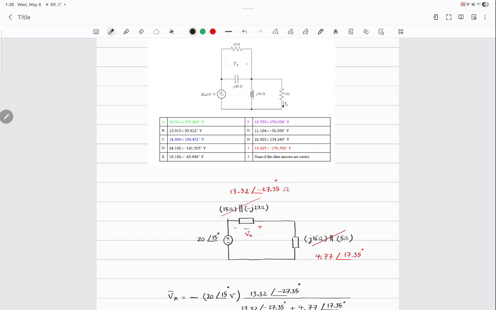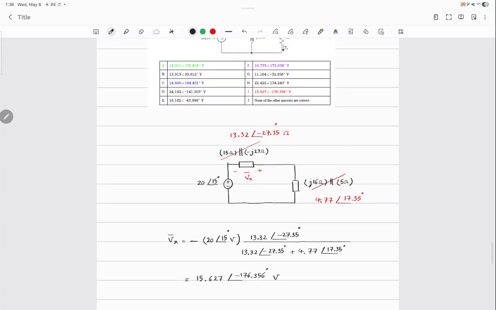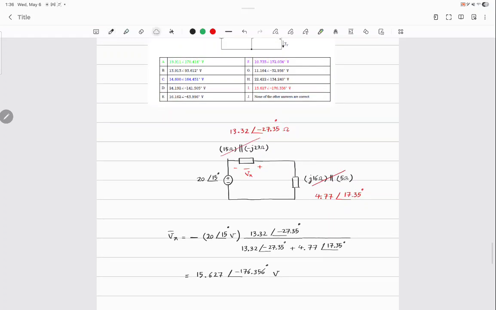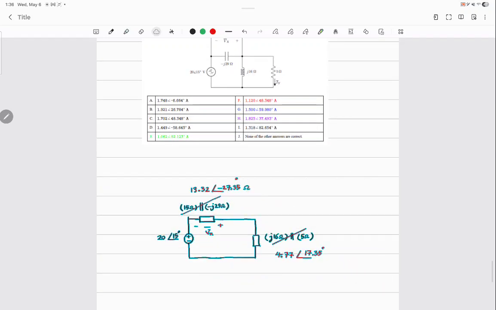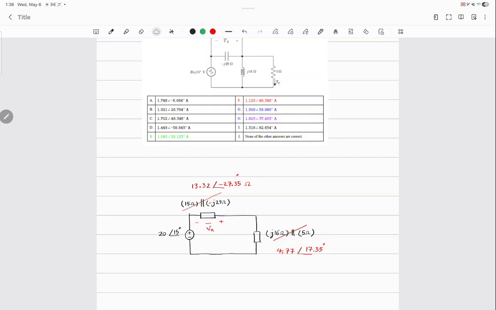You can either do voltage division, but I'm guessing subtracting is easier than voltage division. So let's copy that for the next problem and let's call this Vy.